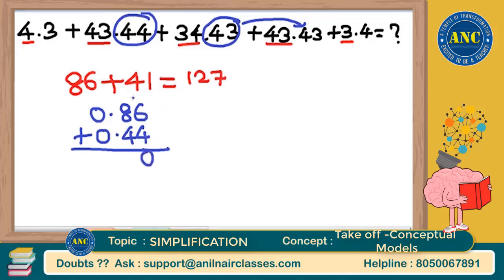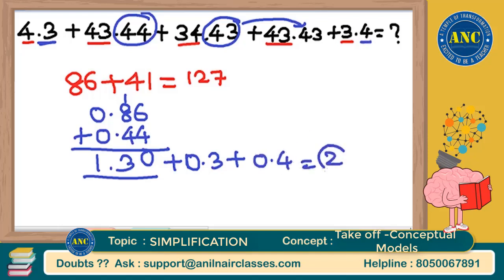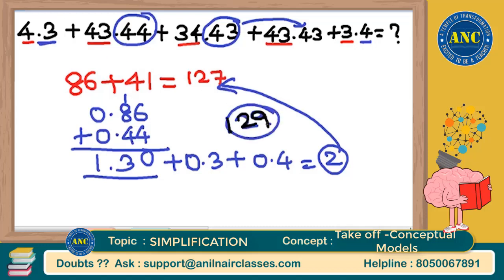So it is 10, and then 12, 13, it is 1.3. Yes, it is 1.3 anyway. Now what else is left? 0.3 is left. It becomes 1.6 and then 0.4 is left. It becomes 2. For this 2 add 127. It is 129. This kind of problems should not be a difficulty for you people, sir.